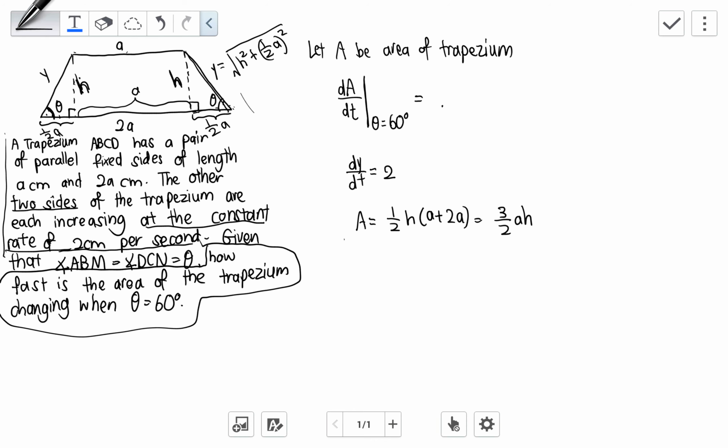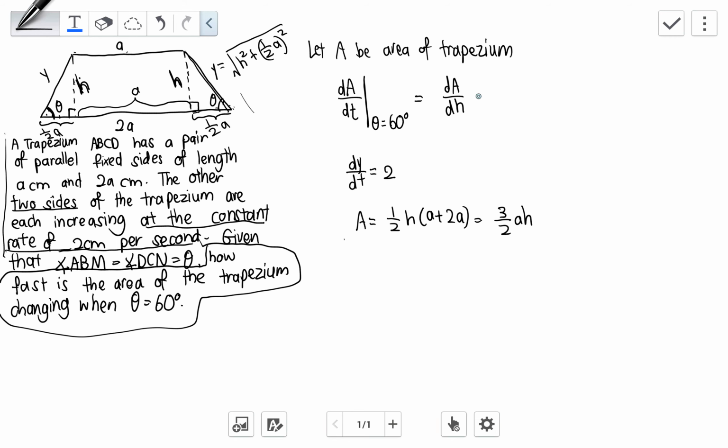So if we have this, and we know that we want dA dt, the intuition is that we have to find dA dh, because A can be differentiated with respect to h.